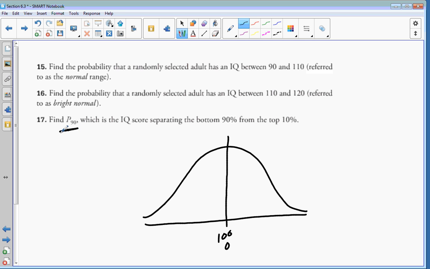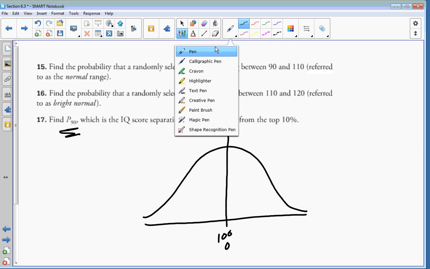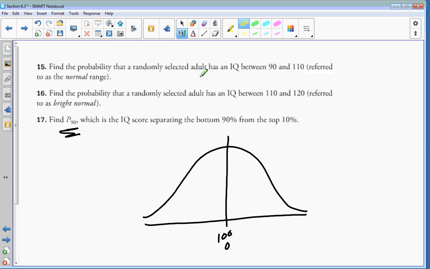And I want the percentile being 90, the 90th percentile. So I want from the far end here, and I want all the way up to the 90th percentile. So I'm not going to have much left there again. So this is the 90th percentile.